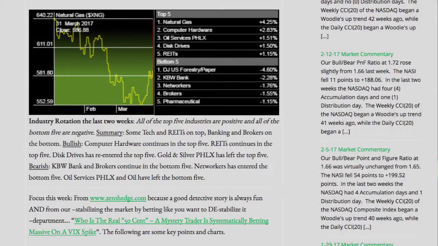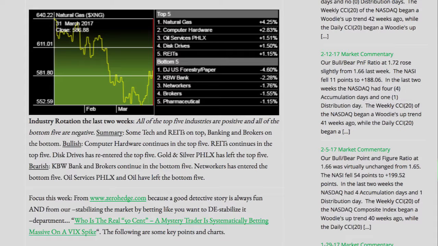All of the top 5 industries are positive, and all of the bottom 5 are negative. Summary, some tech and REITs on top, banking and brokers on the bottom. Bullish, computer hardware continues in the top 5. REITs continues in the top 5.